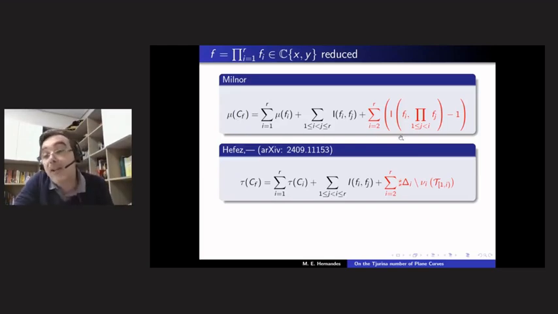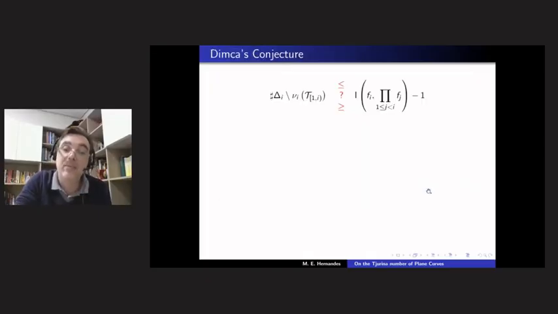So a question is, how can we compare the intersection multiplicity that appears here and this cardinality?